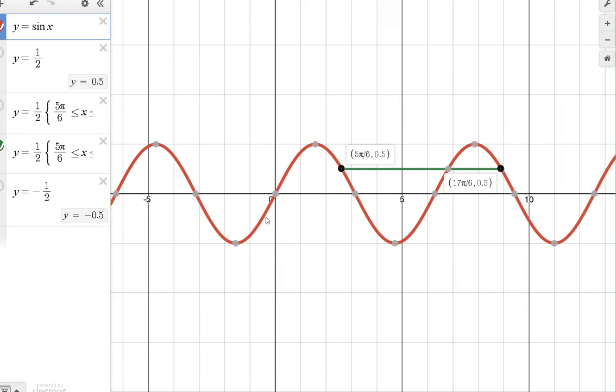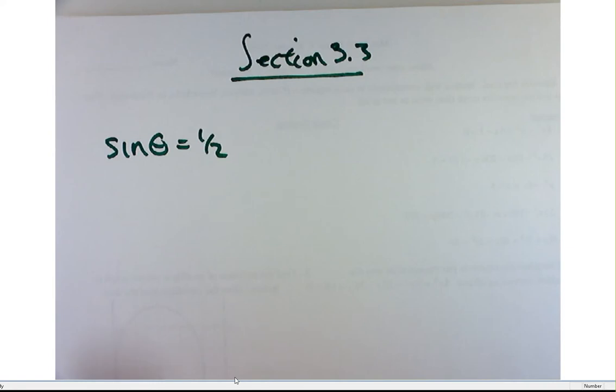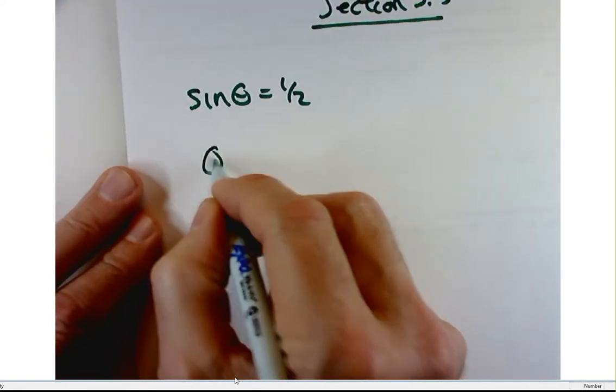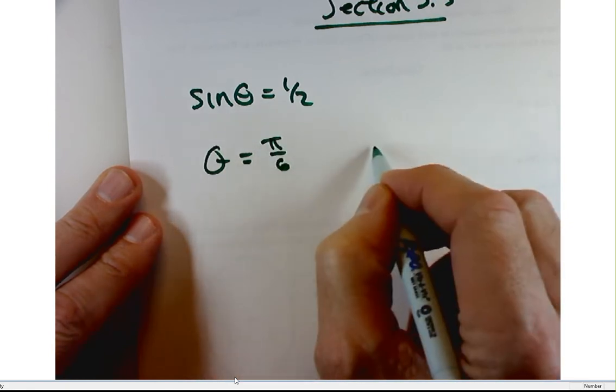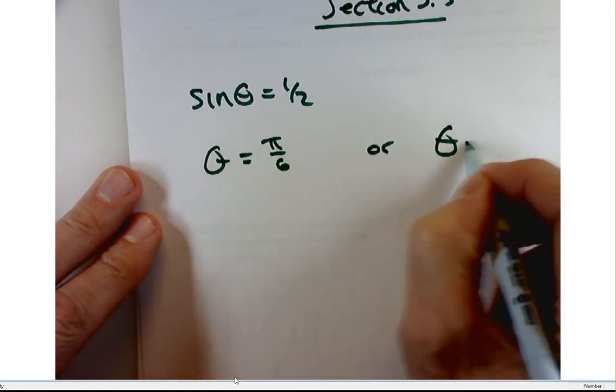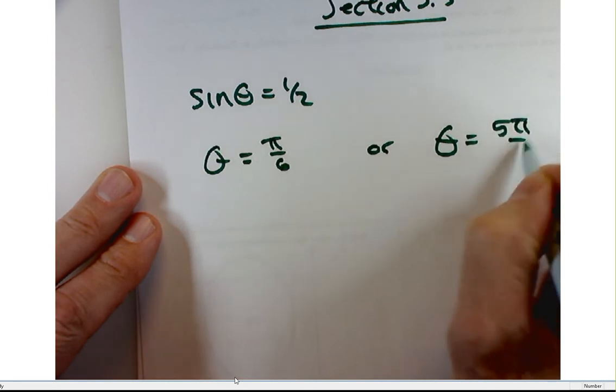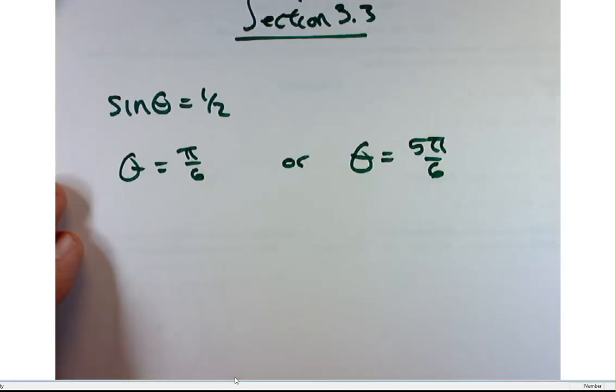So let's work on that. Sine of theta equals 1/2 has 2 solutions. Theta could equal pi over 6, or theta could equal 5 pi over 6. Those are our 2 solutions in terms of radians.